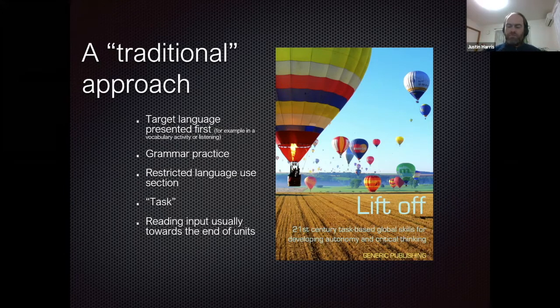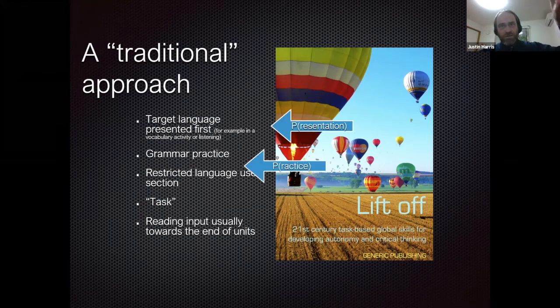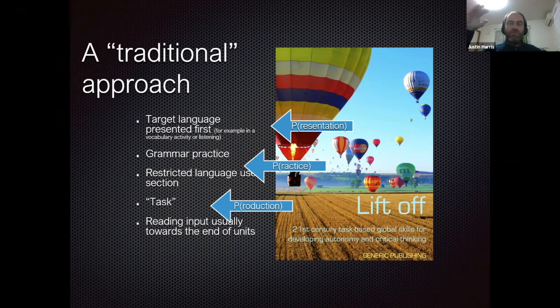And basically the way I see that these textbooks had been created was in a presentation, practice, production format, PPP, which most people will be familiar with, I imagine. And it's no secret that this approach is pretty handy for publishers, and it's pretty handy for teachers, because it makes creating materials pretty easy, and it makes controlling a class pretty easy.